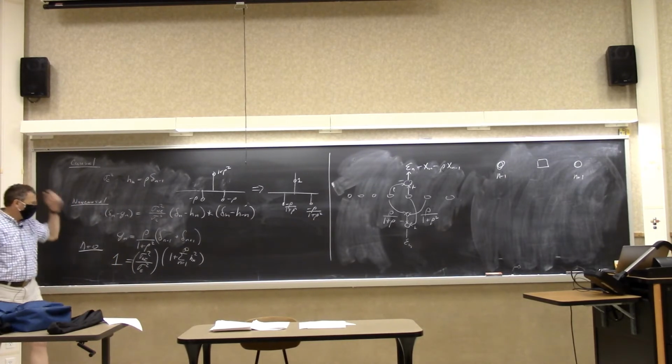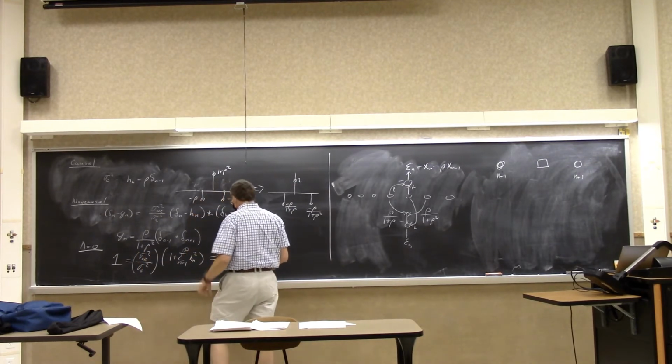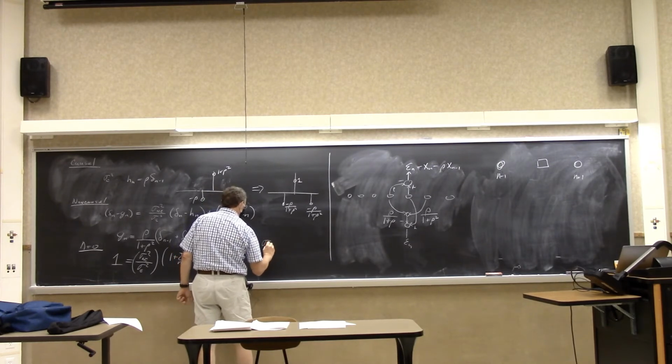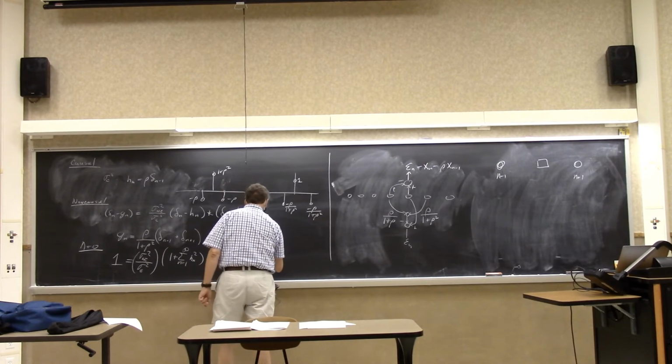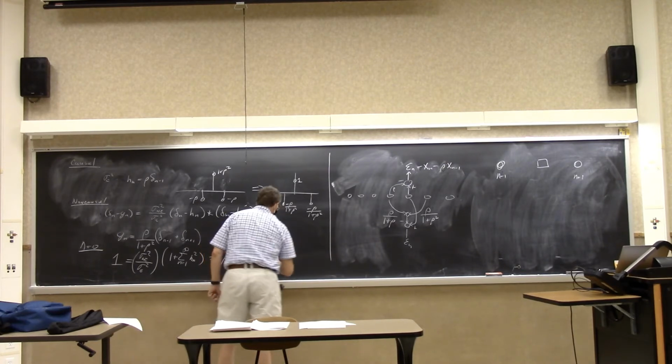Okay, so from that, I get that sigma squared non-causal is equal to sigma causal squared over 1 plus the sum from n equals 1 to infinity of hn squared.